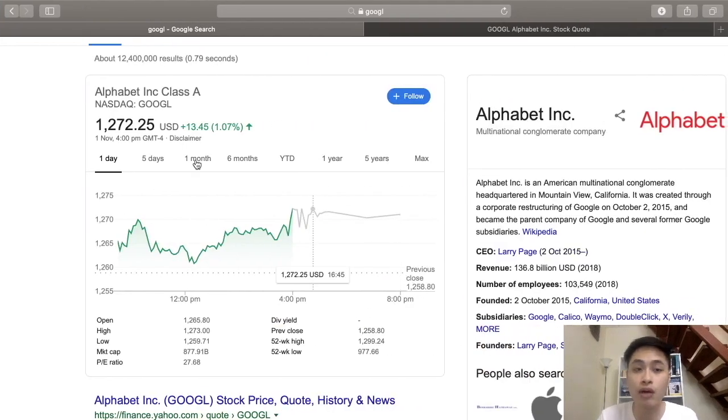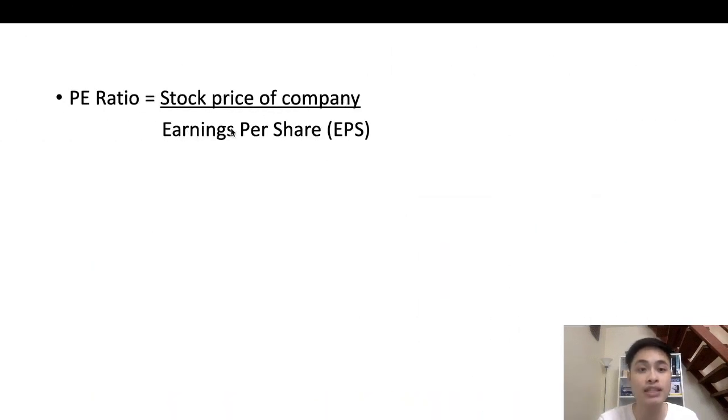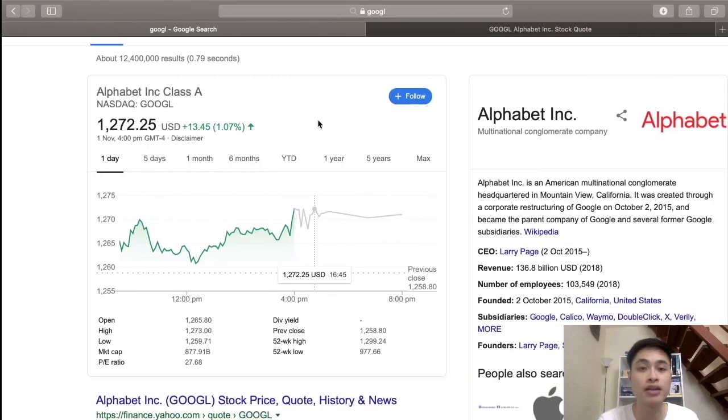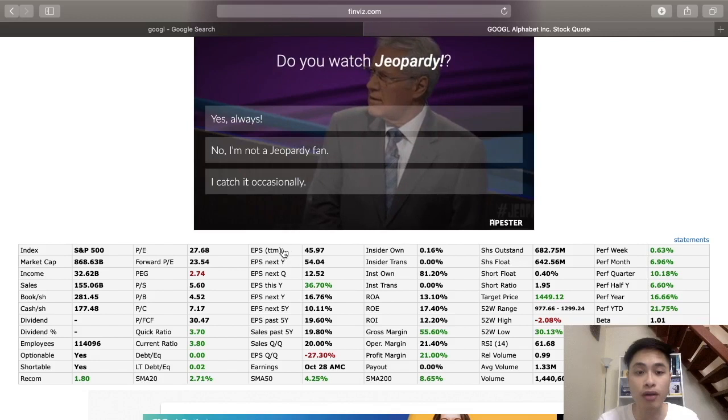So if we use the calculator, I'll go use my calculator. Google's share price is 1272.25 divided by, because we know the price to earnings ratio is the stock price of a company divided by its earnings per share. So the stock price of Google is 1272.25 and Google's earnings per share for the previous year is 45.97.